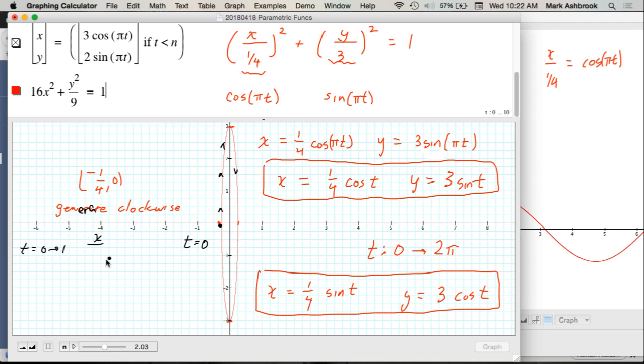X to go from negative 1 to 0. It's just negative 1 to 0. Okay, and then y? We want to go from what to what? So starting here, negative 1/4 to 0. And then y goes from 0 to 3.